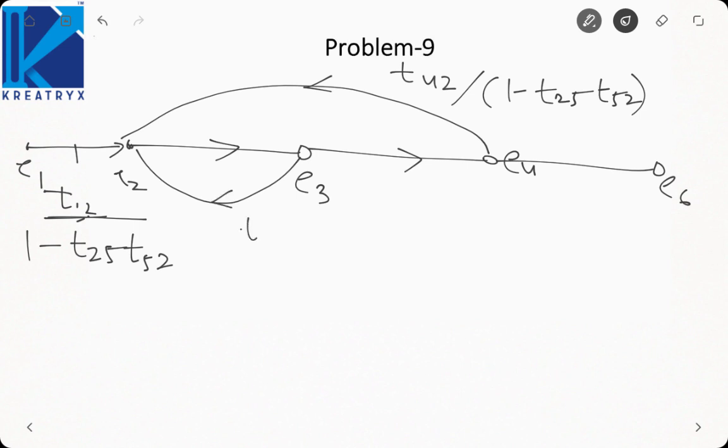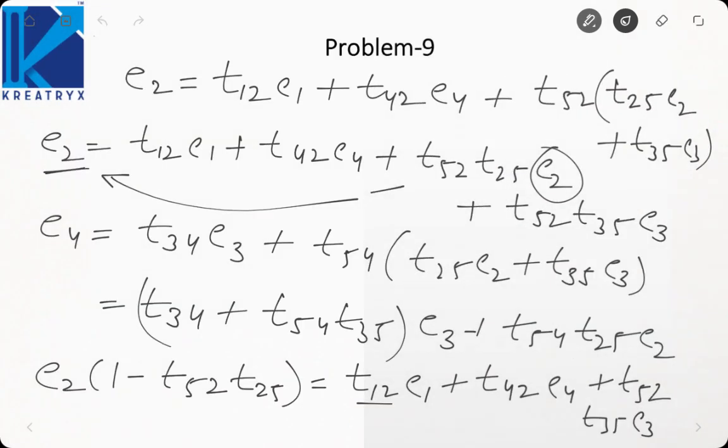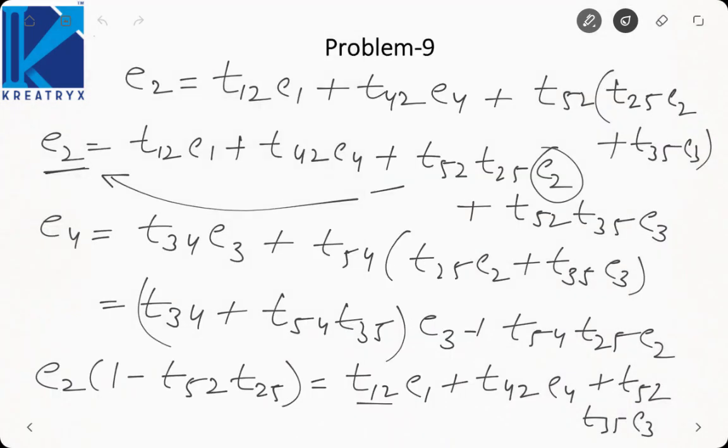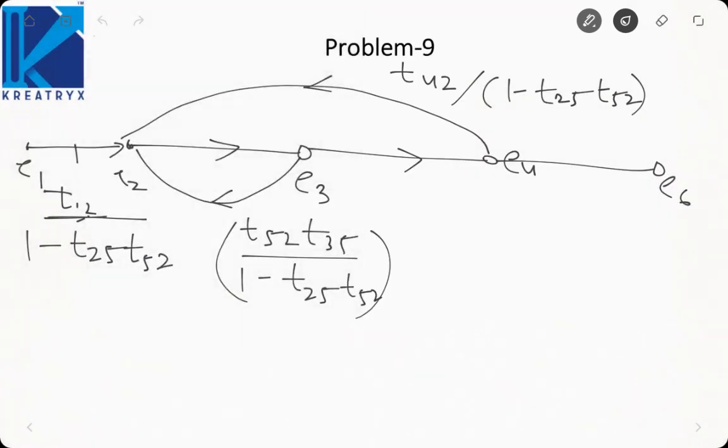Okay, this would be T52 T35 upon 1 minus T25 T52. Next is E3. E3 node remains same, T23 E2. So it would be T23 E2.